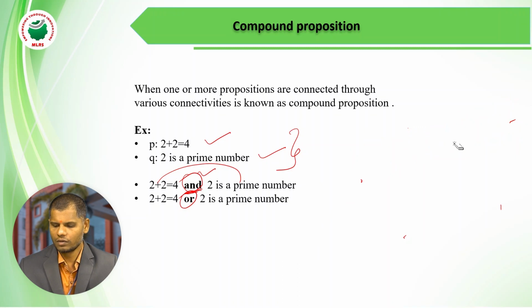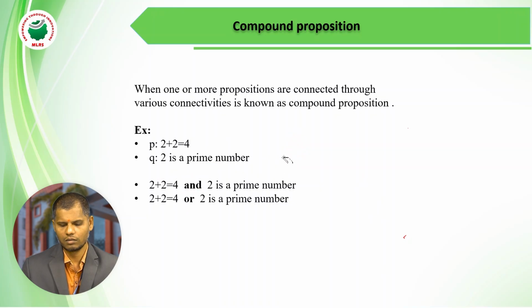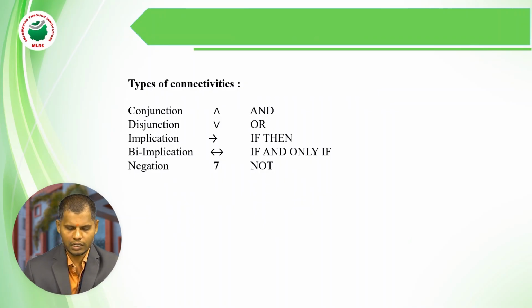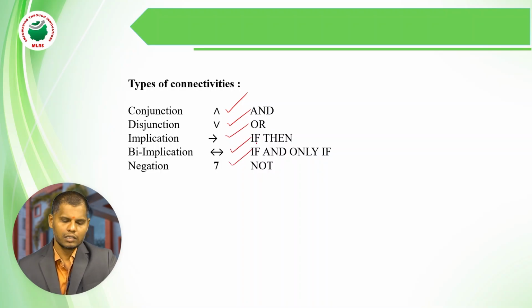And next, types of connectivities. Here we have different types of connectivities. First one is the AND connectivity, then disjunction, condition, bicondition, and negation connectivity.